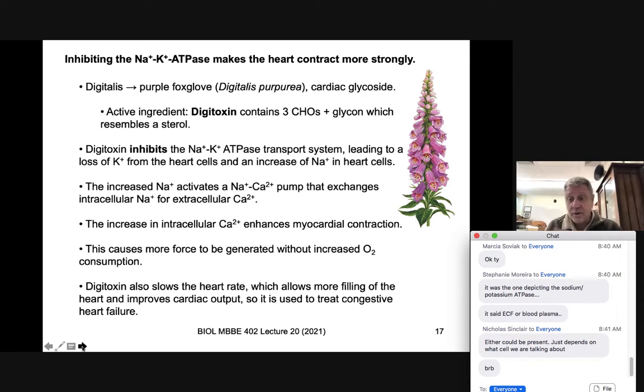Now, how do you know if you've got edema? Okay, if you've worn your sports socks, and you've taken your socks off, and you see the kind of imprint that the sports socks leave on your ankle, that's because over a period of time, you're going to get some level of swelling. So you might have heard people say, I've had a hard day on my feet, standing all day, and my feet are swollen, because they're accumulating fluid.